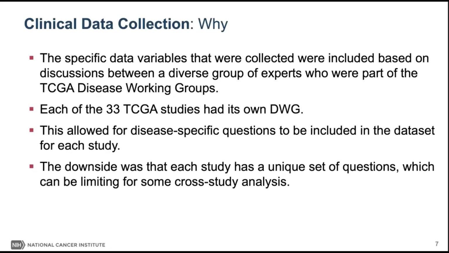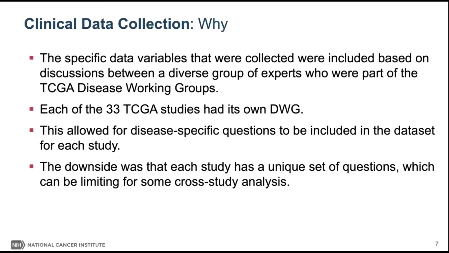It was each of these groups that came up with the questions that were collected on the clinical forms. The positive side of this is that every disease has really nice disease-specific information included. The downside was that every disease has a very specific and unique set of questions.